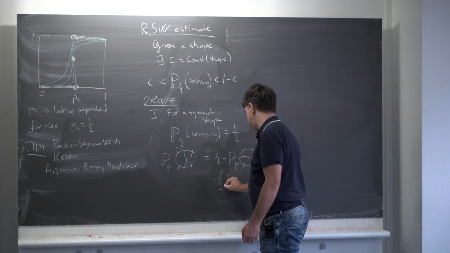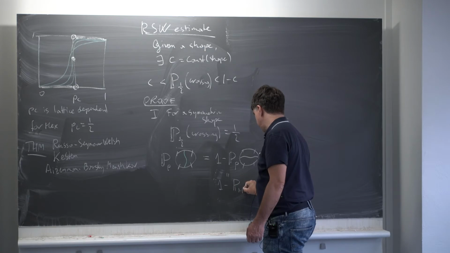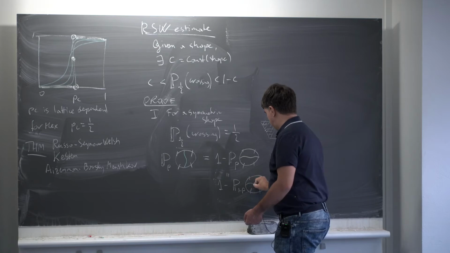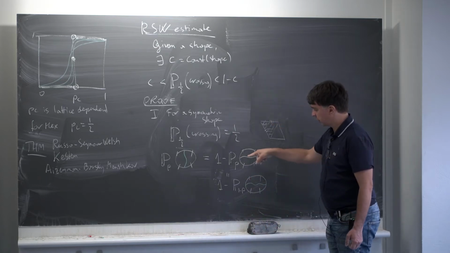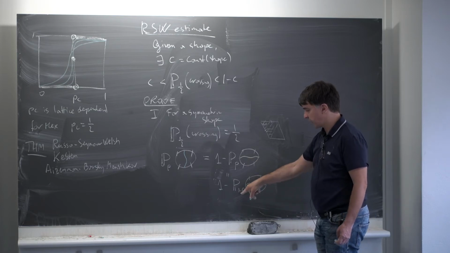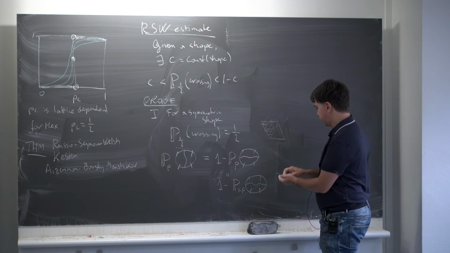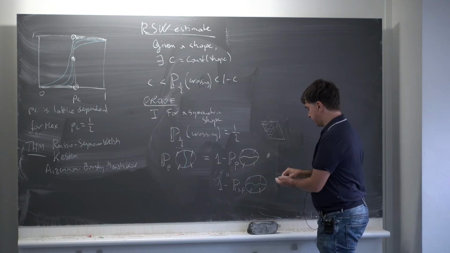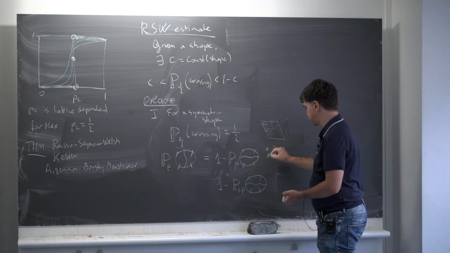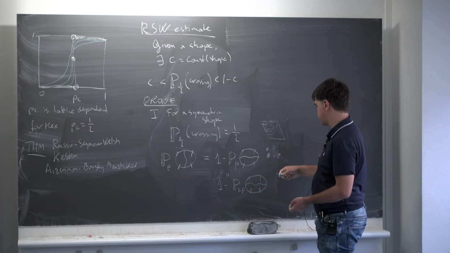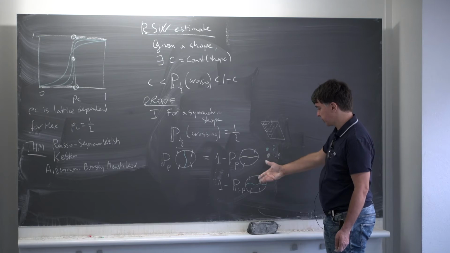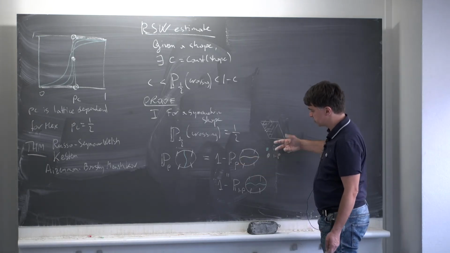So this is the same as 1 minus, so if you switch the covers to the negative, the probability of having a closed crossing for P is the same as the probability of having an open crossing for parameter 1 minus P, because here the yellow cover has probability 1 minus P, and the blue cover has probability P. So when we go to the negative, we should exchange blue and yellow.